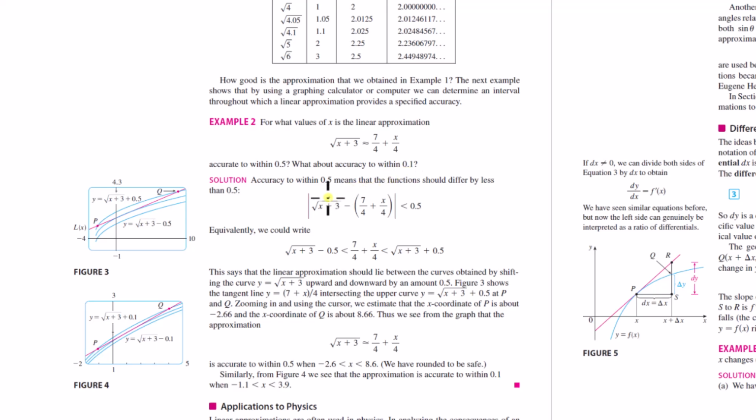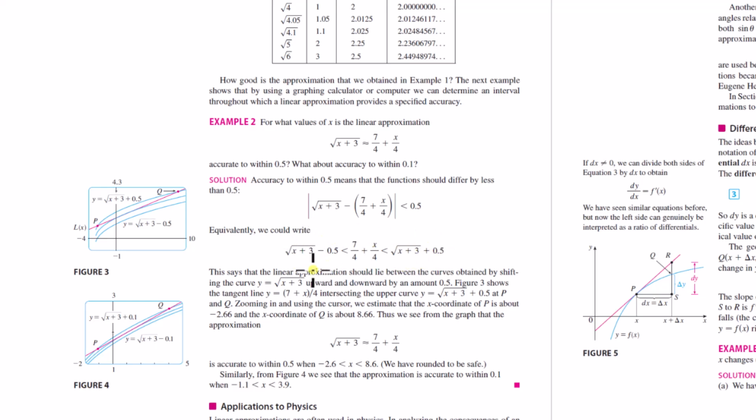And so what they do is they say the absolute value of the function minus the linear approximation is less than 0.5, right? Accurate to within 0.5. And then this is just an absolute value inequality. We solve these in algebra, and to solve this absolute value inequality, you turn it into a compound inequality.